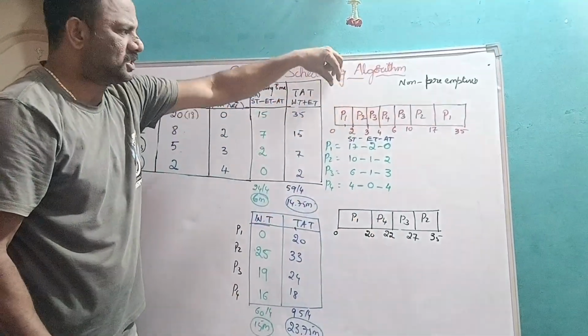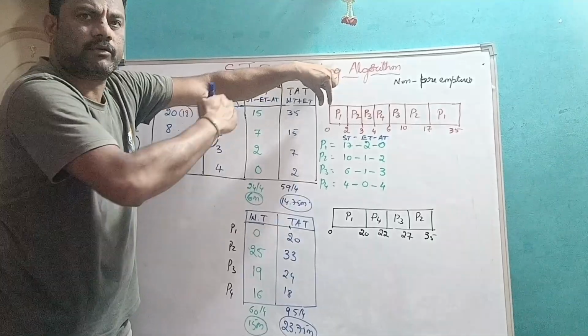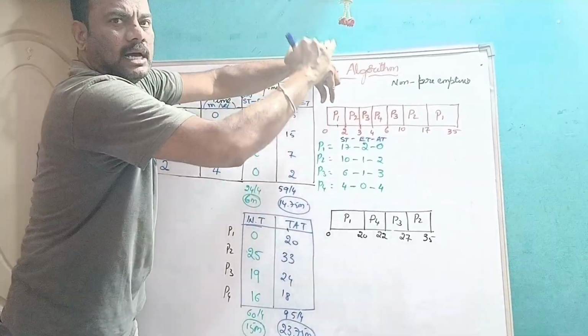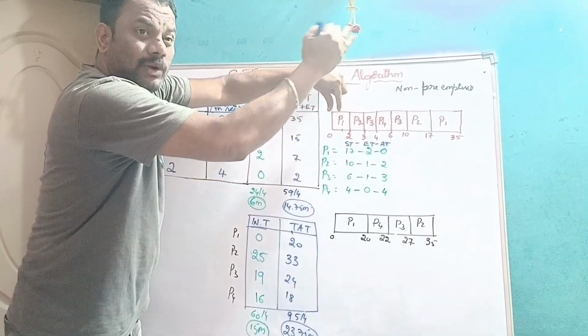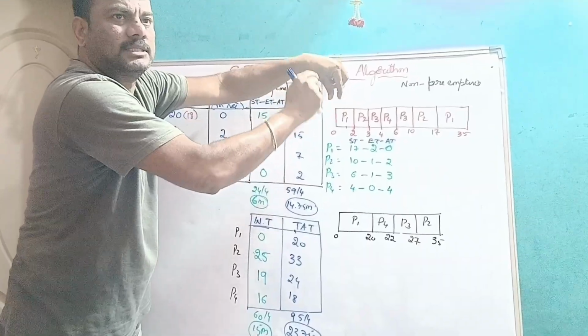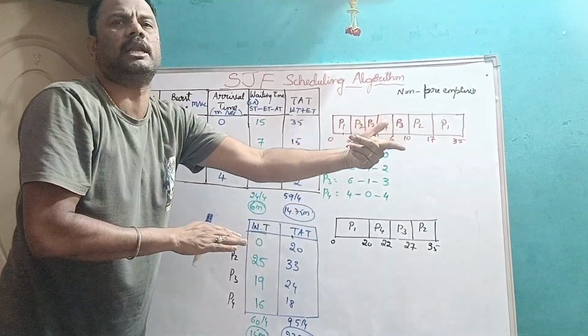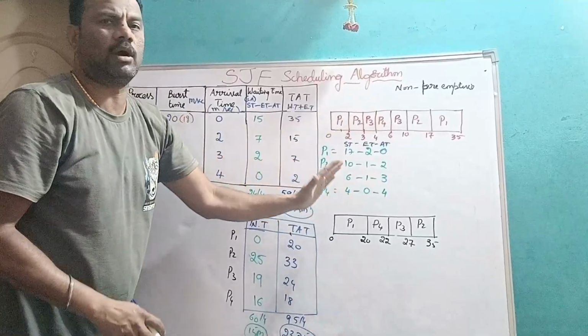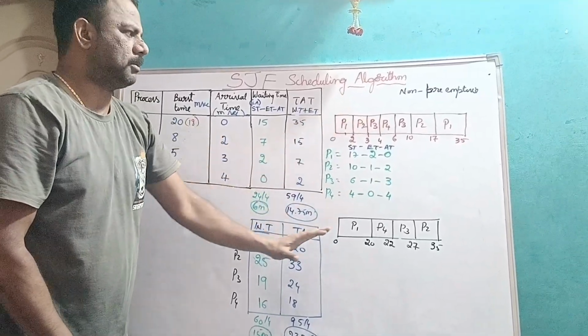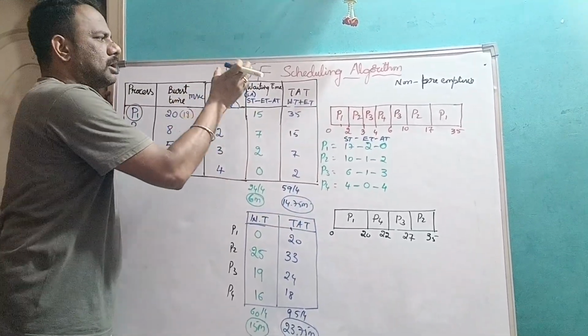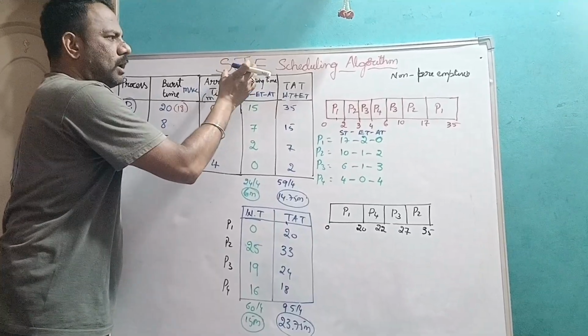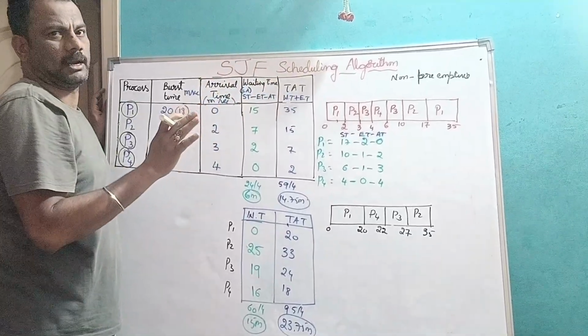Whereas in preemptive, once we have started any process, after some time if another process arrives and the newly arrived process requires less time, we have to stop the currently executing process and switch to the next process. So I showed how shortest job first works for preemptive as well as non-preemptive.